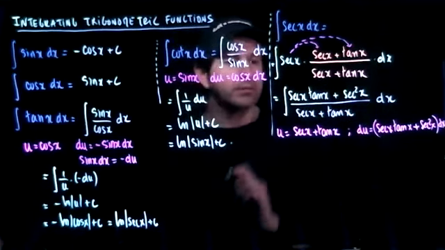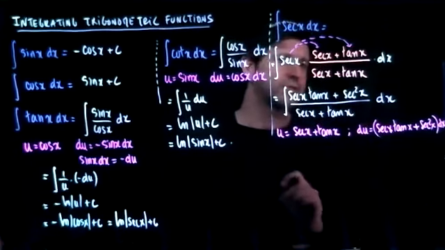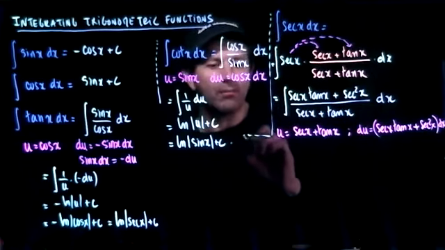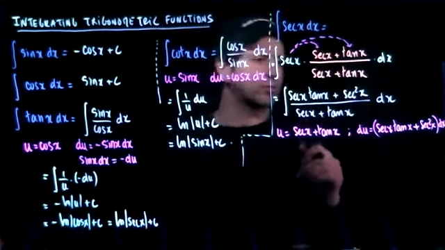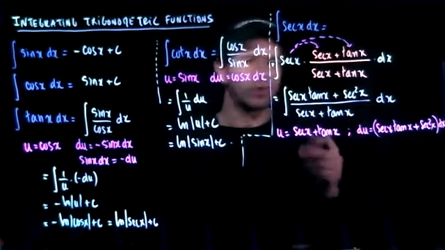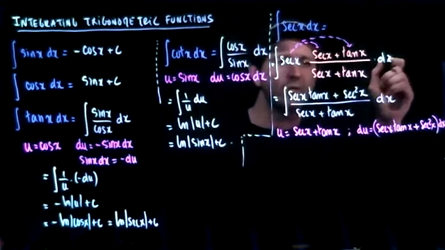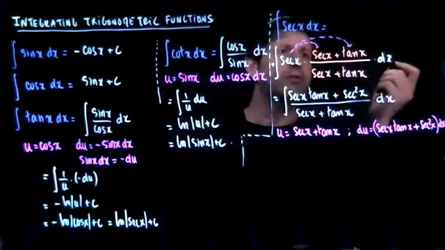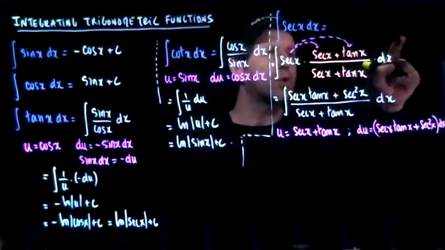How did you choose secant x plus tan x? Yeah, you have to notice. It's a trick. Eventually, if you do much more math, these tricks are going to become natural for you. You're going to see a lot of them. We're going to see a few. You already saw it a bit in calculus 1 when you had to find a limit, and on the bottom you had a one minus cos.